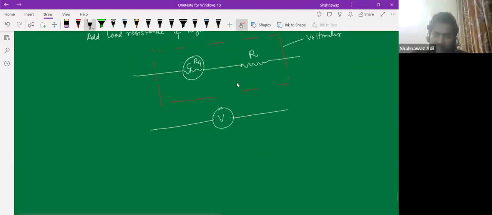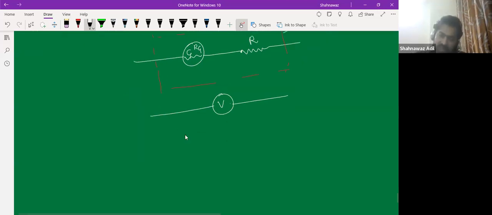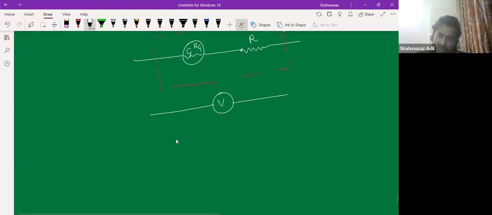You can see the current passing through it, I. Let's say this is the voltage V. So voltage is I times R plus RG, right?